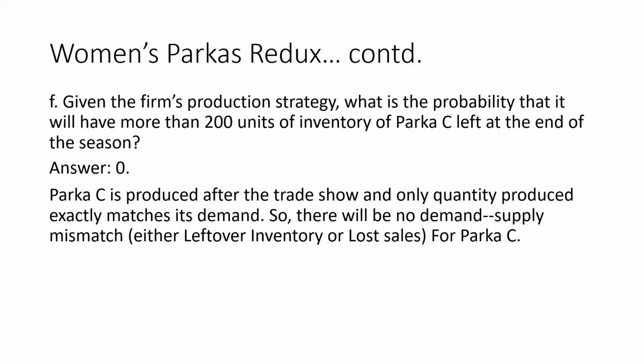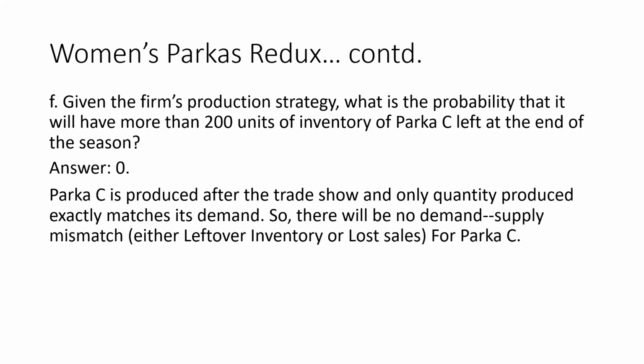So there's no leftovers or lost sales for Paca B and Paca C. So its answer is 0. Paca C is produced after the trade show, and the quantity produced exactly matches its demand. So there's no demand-supply mismatch, either leftover inventory or lost sales for Paca C.